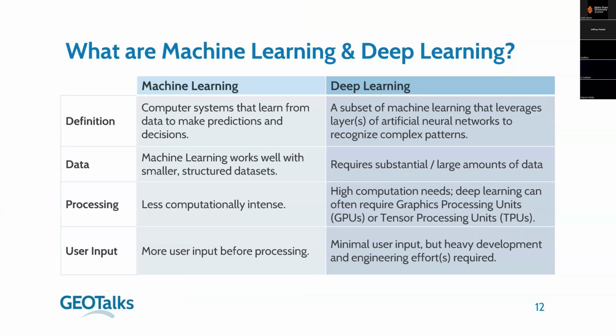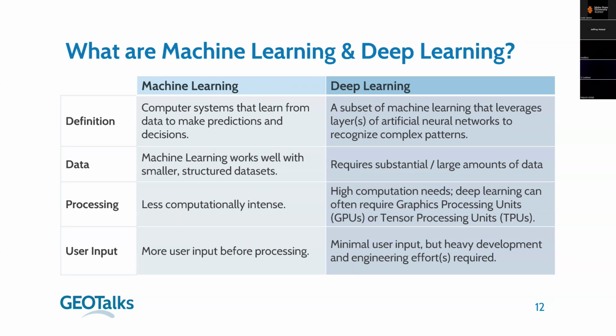Two key differences that are good for us to understand when we mention AI are the ideas of machine learning and deep learning. Although the difference might seem subtle, it's important because it drives a lot of development and thought around how we're going to use our tools. So something like machine learning, generally speaking, works on smaller structured data sets.